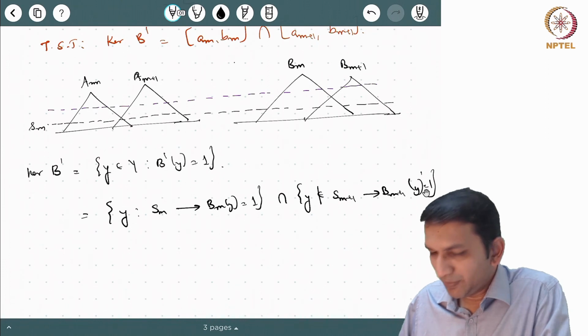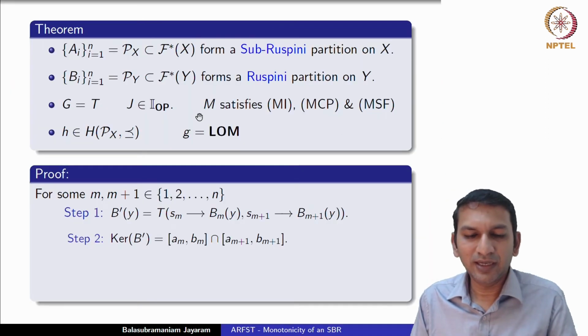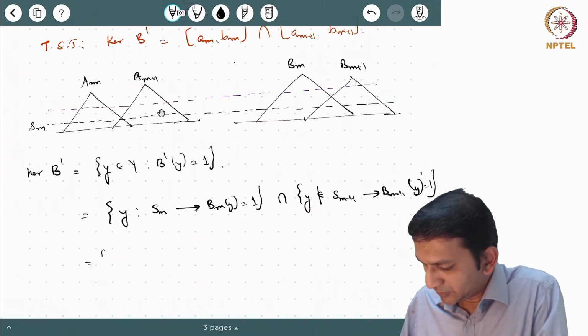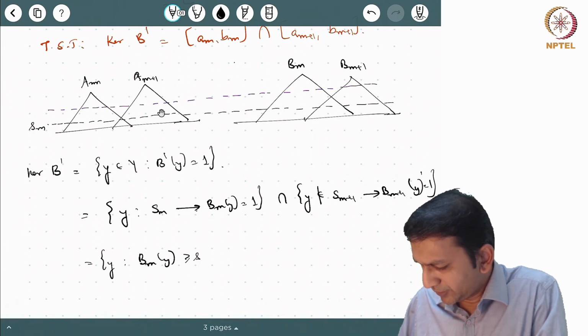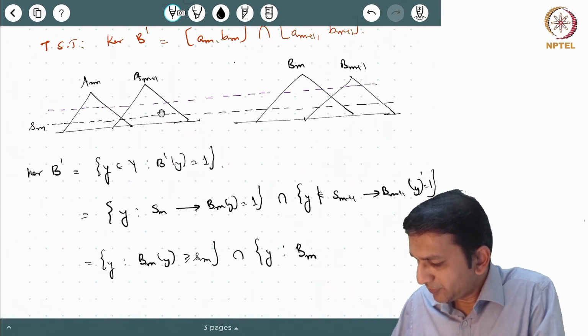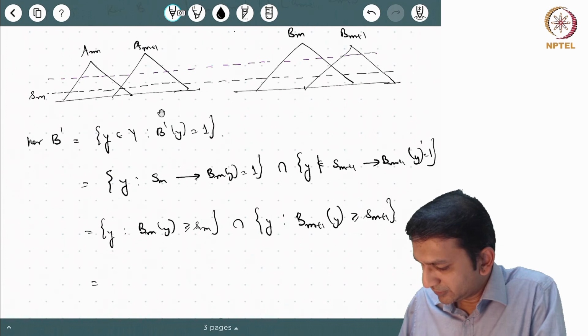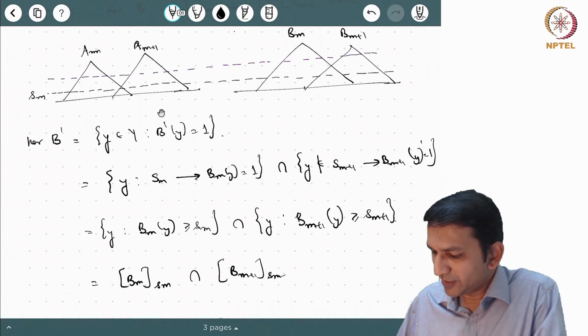We know that implication J that we are considering is an OP implication. That means this is the set of all y such that Bm of y is greater than or equal to Sm, intersection the set of all y such that Bm plus 1 of y is greater than or equal to Sm plus 1. So essentially what we are looking at is Bm, the alpha cut at Sm, intersection the alpha cut of Bm plus 1 at value Sm plus 1.